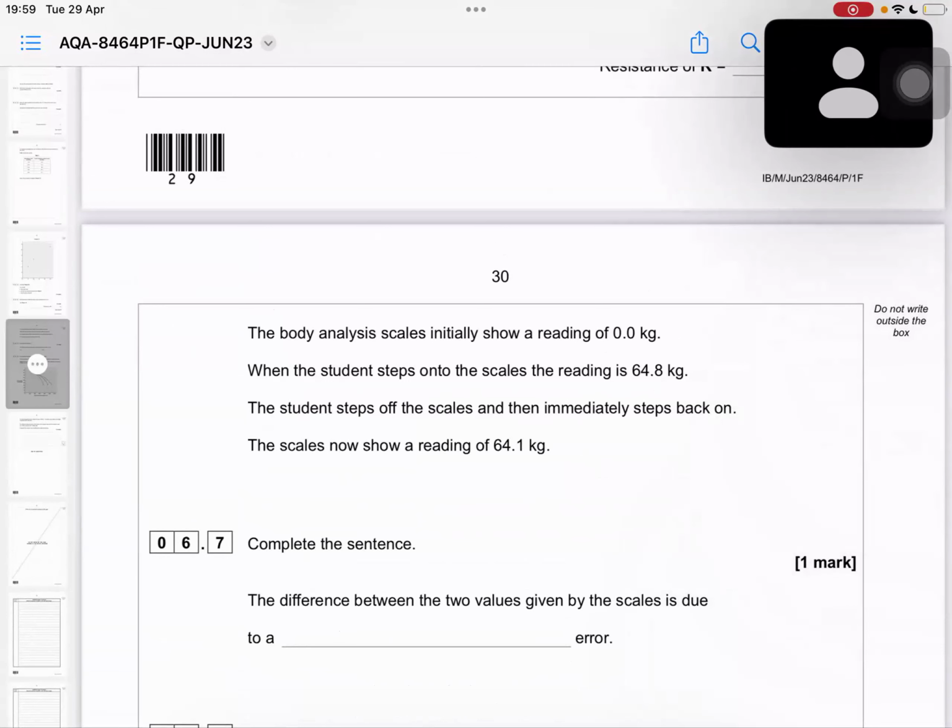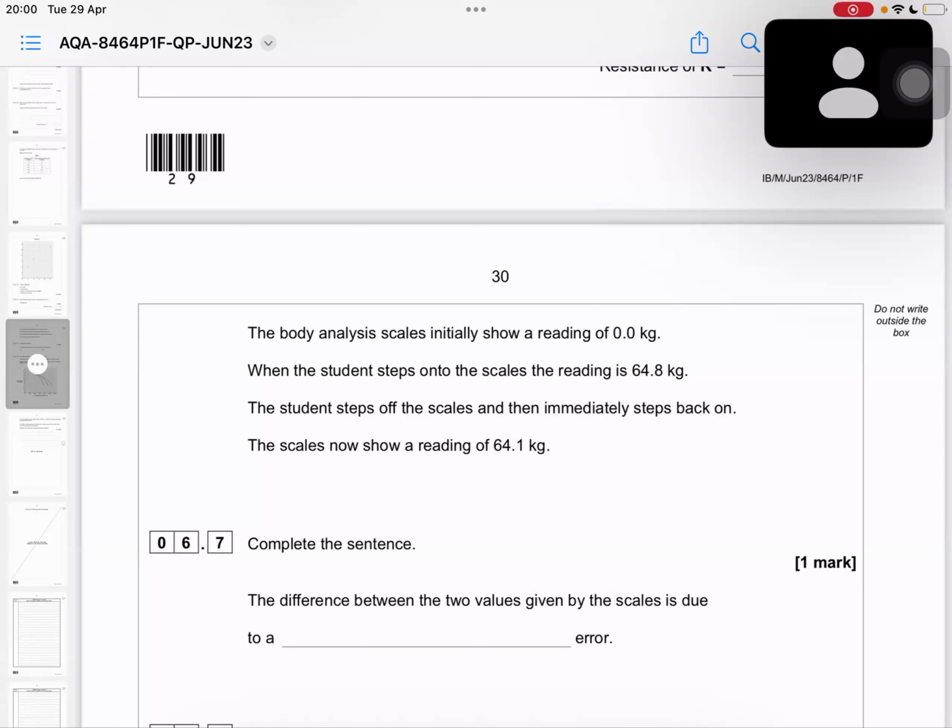Okay, the body analysis scales initially show a reading of 0.0. When the student steps onto the scales, the reading is 64.8 kilograms. The student steps off the scales and then immediately steps back on. The scales now show a reading of 64.1 kilograms.